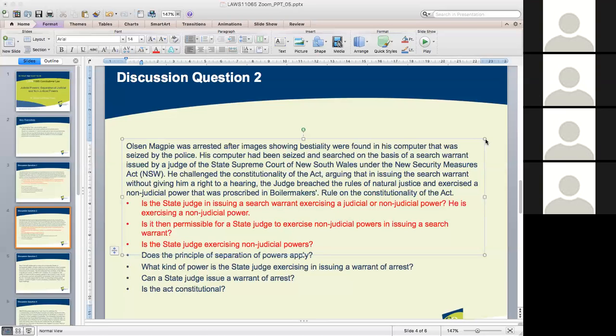Well done. So what we're saying here is that even if at the state level there is no separation of powers, and therefore, because there is no separation of powers, it is permissible for a state parliament to vest non-judicial powers on a state judge. So that's permissible.